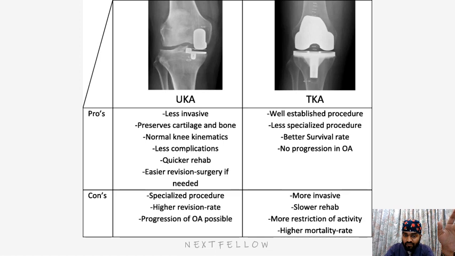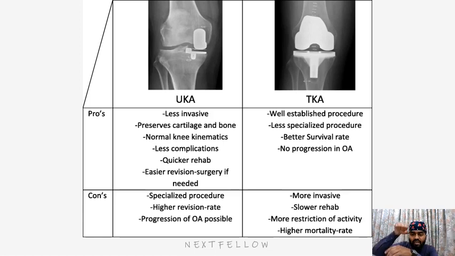As you remember, we have already discussed. There can be a chance of a contralateral compartment arthritis. So higher progression rate of osteoarthritis. So these are the pros and the cons of a unicompartmental knee arthroplasty.